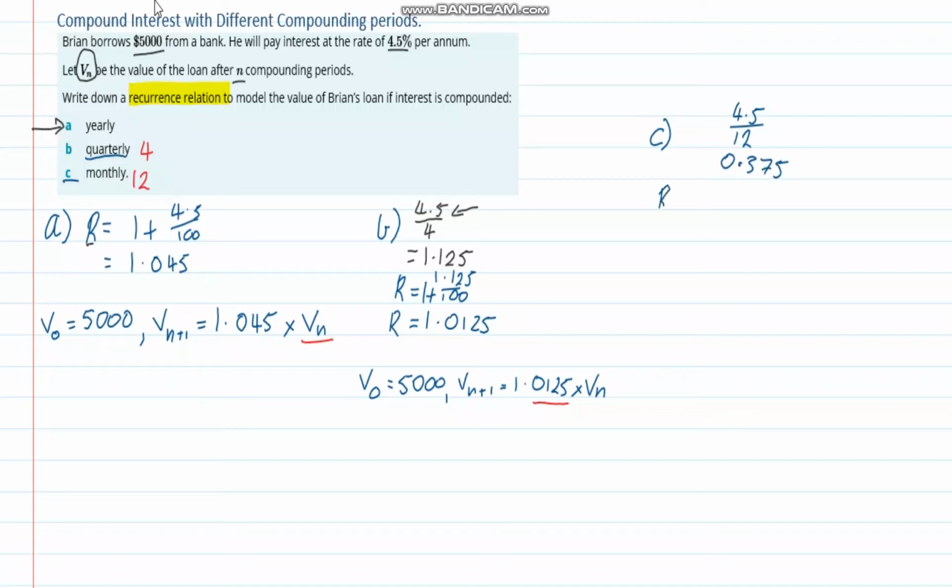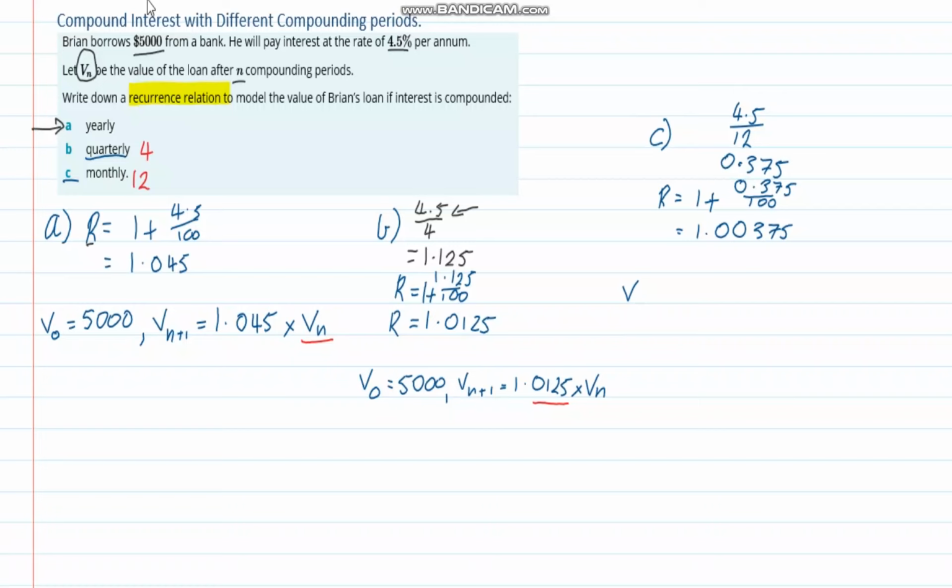So the rate of change is going to be equal to 1 plus 0.375 divided by 100. So that's going to be 1.00375.